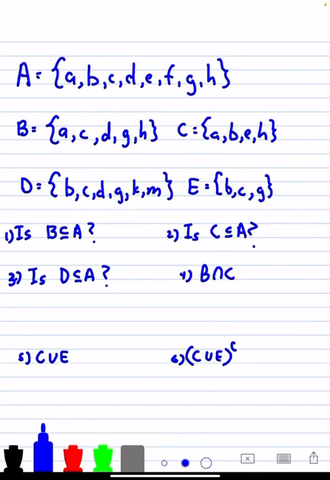In this case, this would be set A. It consists of A, B, C, D, E, F, G, and H. All right. So now we're going to answer questions coming from here. So the first thing we want to say is, is B a subset of A?